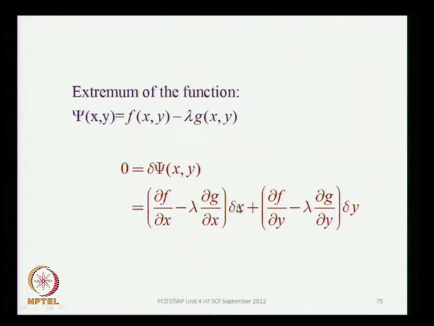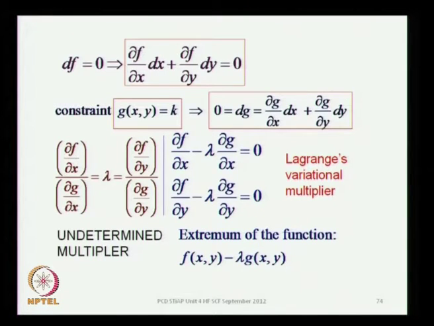And if this is to vanish for arbitrary increments delta x and delta y, then the condition that you get is precisely this, that del f by del x minus lambda del g by del x must vanish, which is what we had over here. Del f by del x minus lambda del g by del x equal to 0, and del f by del y minus lambda del g by del y equal to 0. So, this is what we get.